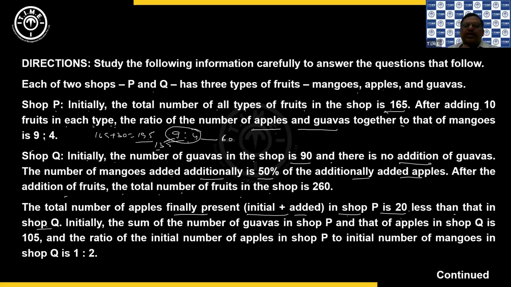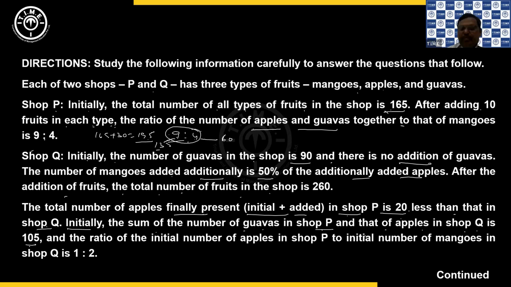Now, initially the sum of the number of guavas in shop P and that of apples in shop Q is 105.